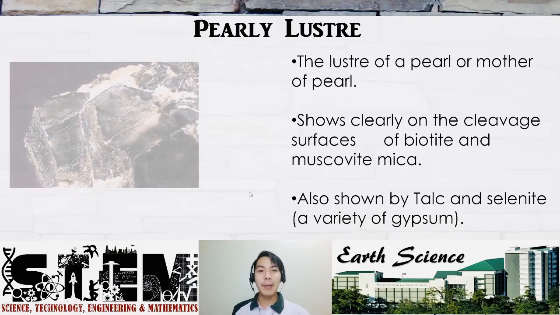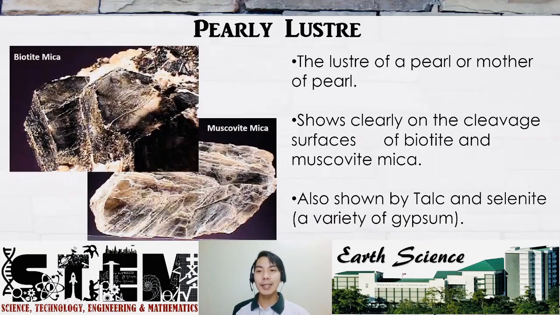Next, under non-metallic luster, we have pearly luster. This is the luster of a pearl or mother of pearl. It shows clearly on the cleavage surfaces of biotite and muscovite mica. On the cleavages, or on the cracks of these minerals, you can see whitish substances; these minerals exhibit a pearly luster.